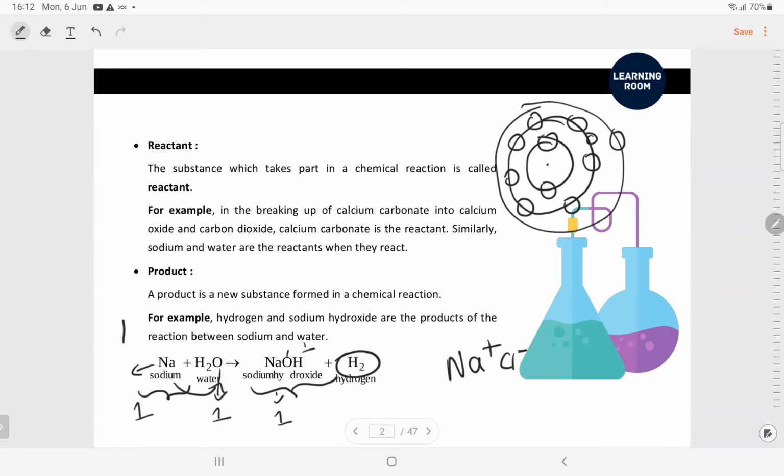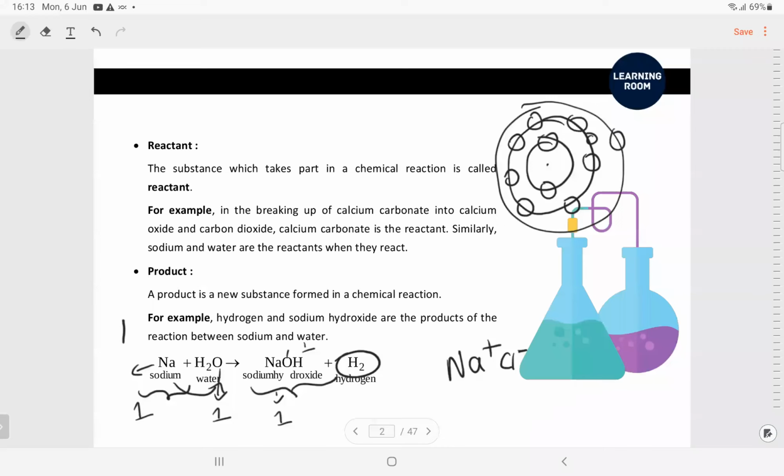So in the reactant side, how many? What is the element I have asked? Hydrogen. In the reactant side, how many? Just come closer.